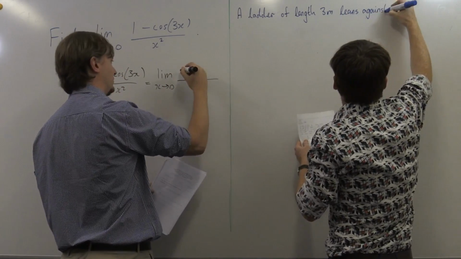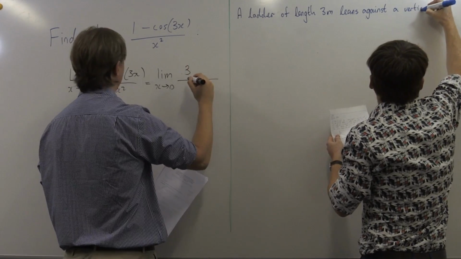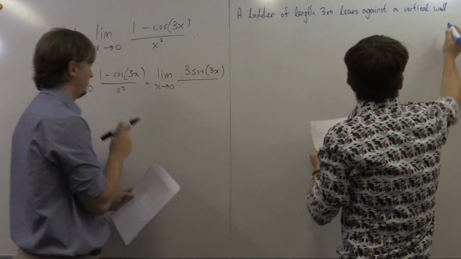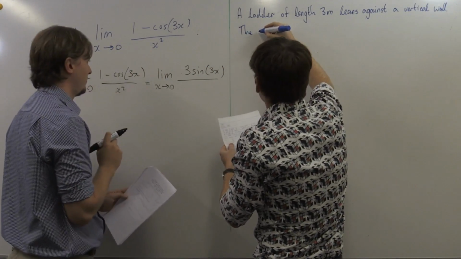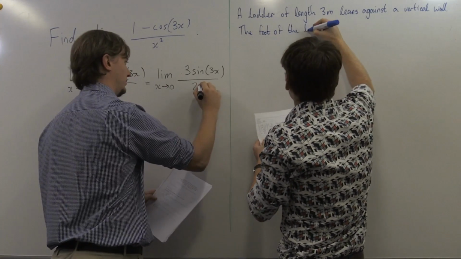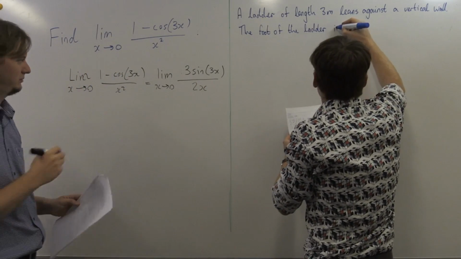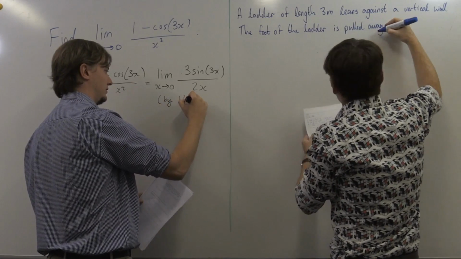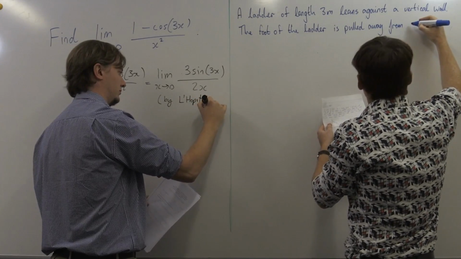So if I take the derivative of the top, I get 3 times the sine of 3x. Just remembering that the derivative of cosine is minus sine, so the sign has changed. And the derivative of the bottom is 2 times x. And since I was using L'Hopital's rule, I'm just going to put the reason by L'Hopital's rule.